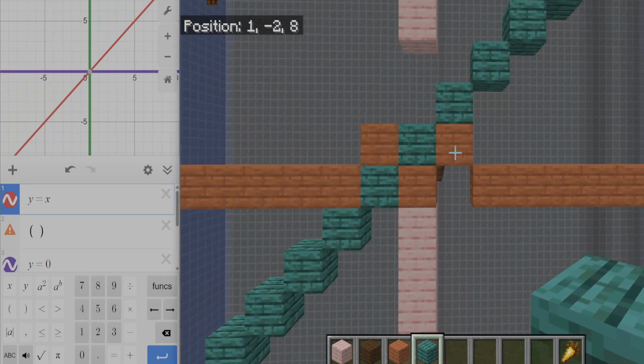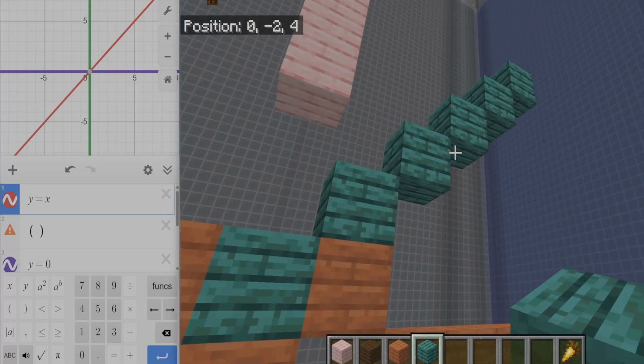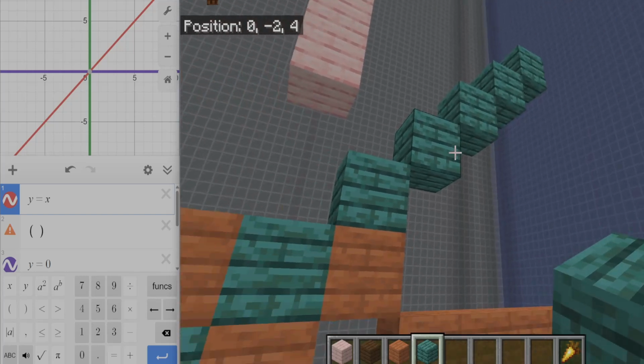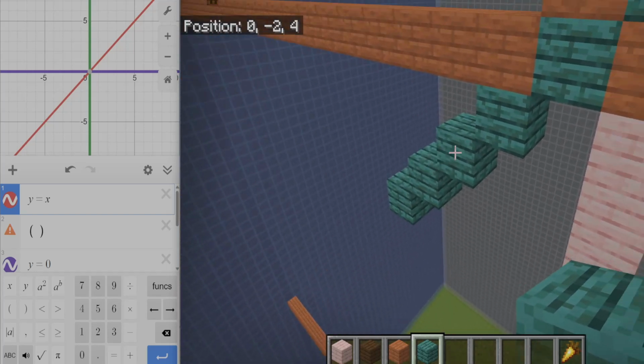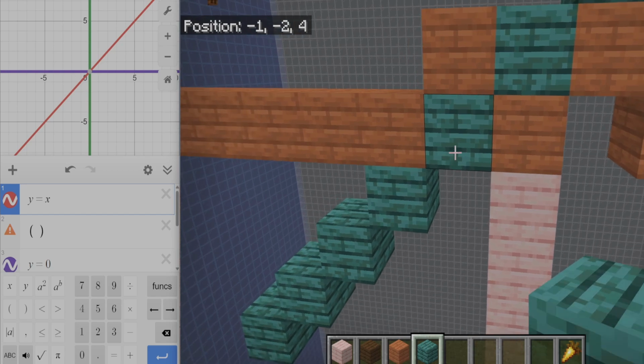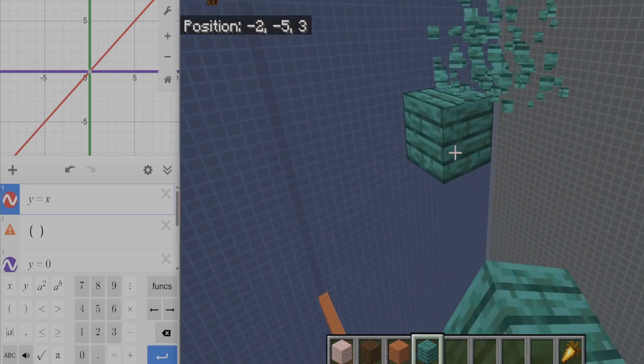Now, there are other equations that we can use in Minecraft. This particular equation is useful because, again, it makes the most sense for things like stairs. But let's try to modify it just a little bit.